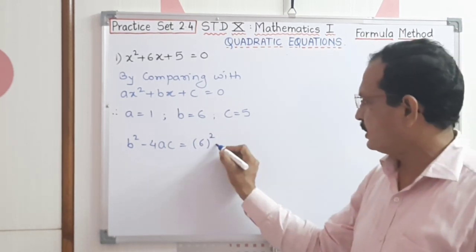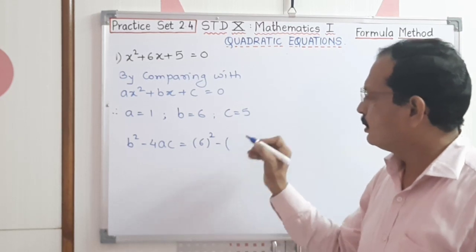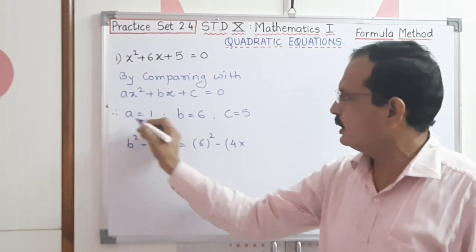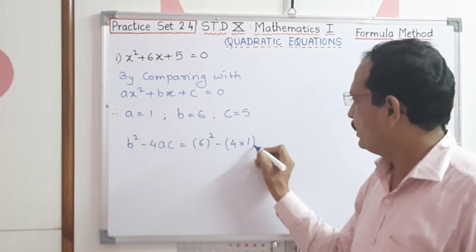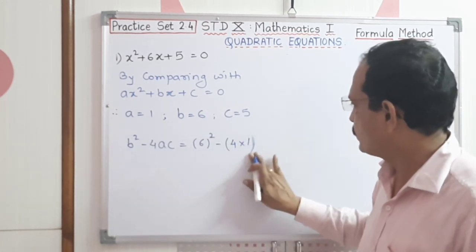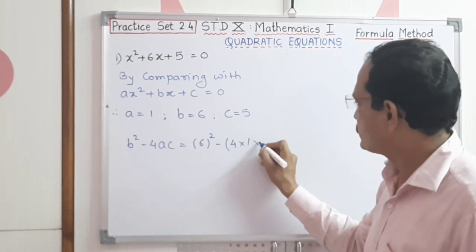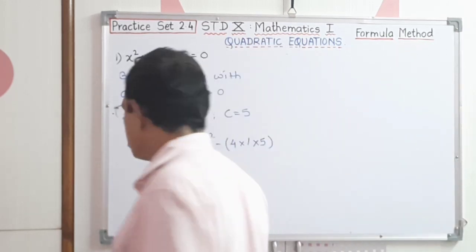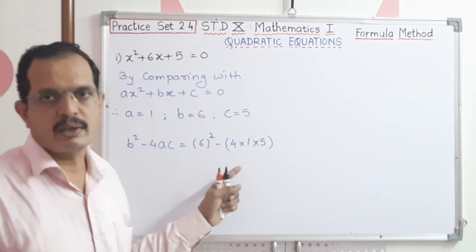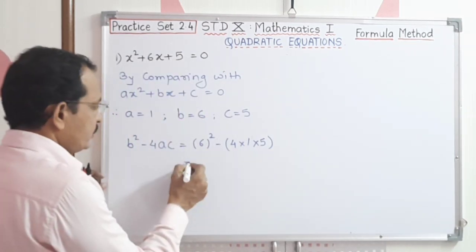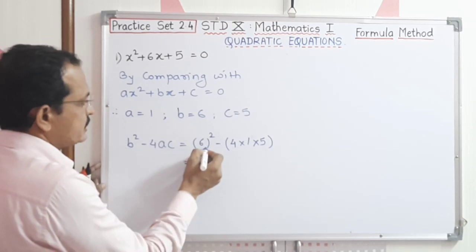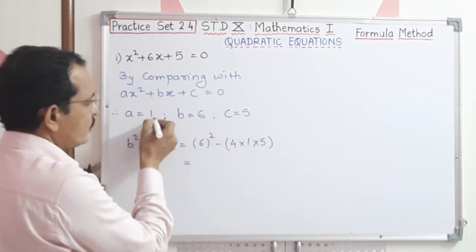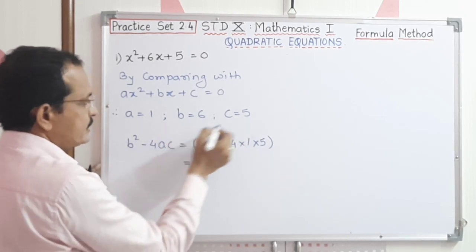After that it is minus, then here it is 4 into the value of a is equal to 1 and the value of c is equal to 5. Remember dear students, we have to write it in a bracket. Now see, this b square, 6 square, minus 4 into the value of a is 1 and c is 5.